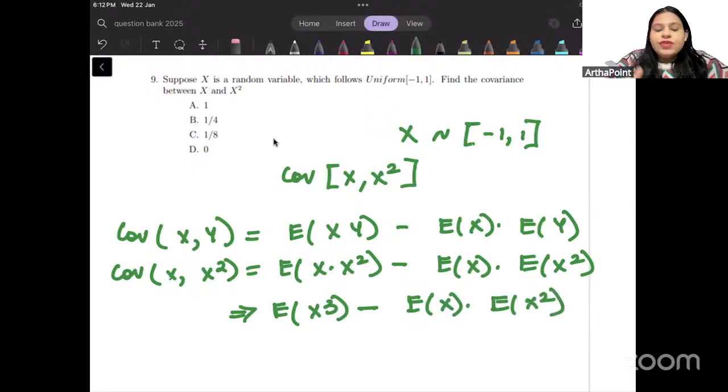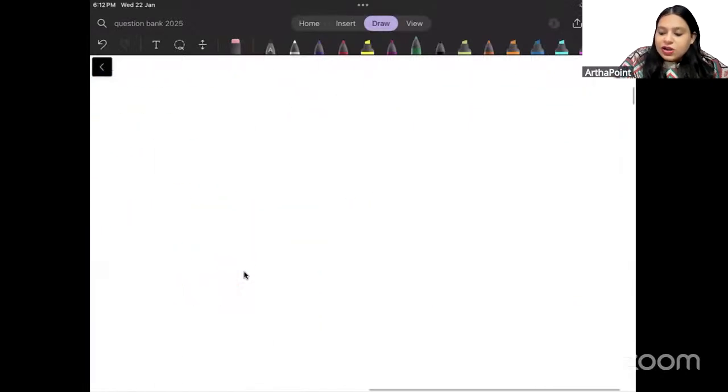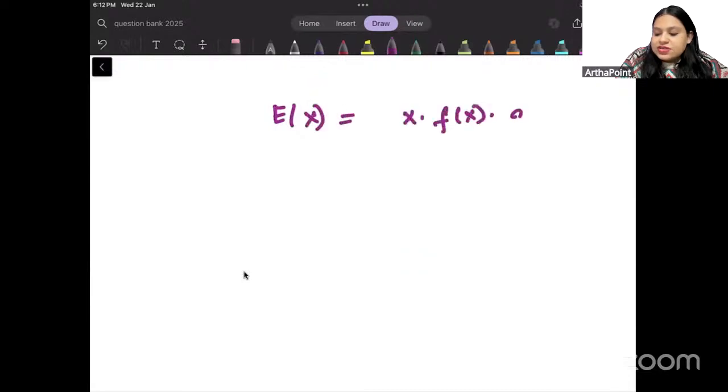Now, whenever you have uniform distribution, what is the formula of expected value? Usually also, how do we find expected value? अगर मुझे किसी भी variable का expected value निकालना है, it is x fx dx integrated, right?